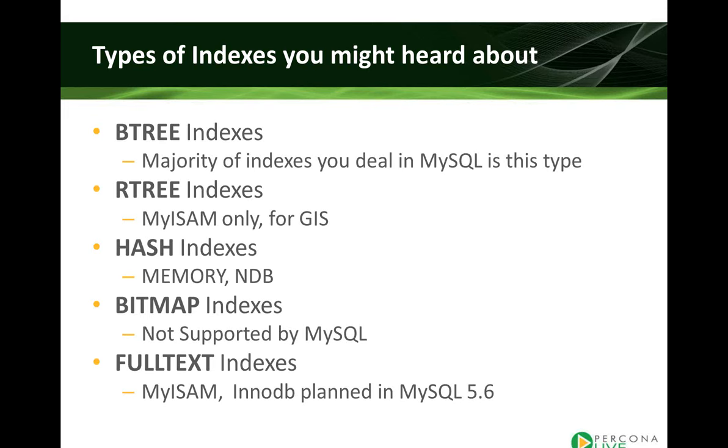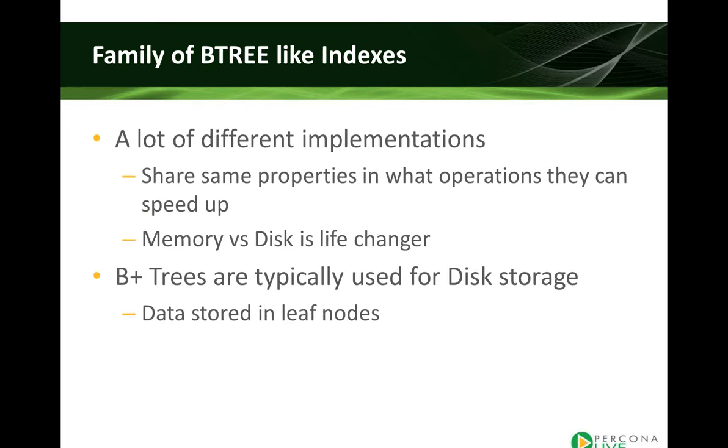There are bitmap indexes which many other database technologies support, but which are not present in MySQL. And there are full-text search indexes which help us to do natural language search, which do exist in MyISAM tables, and they also are planned for MySQL 5.6 for InnoDB.